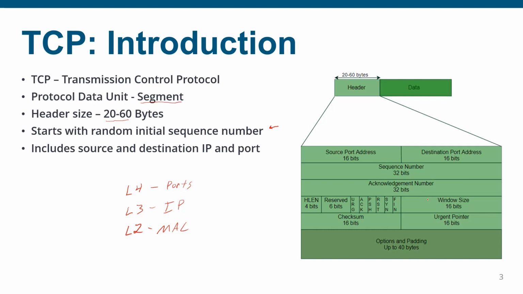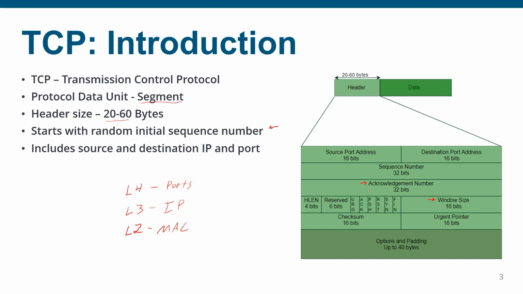So we have our window size. TCP allows a certain number of segments to be transmitted before an acknowledgement must be sent back. If you had to acknowledge every single segment that was received, then you may run into some problems of requiring a lot of overhead, a lot of two-way traffic.